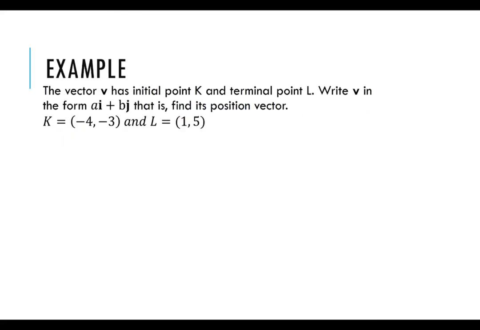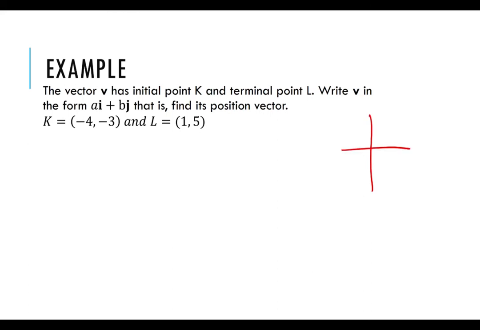Now we are told that the vector v has an initial point K and a terminal point L. We want to write the vector v in the form ai plus bj, that is, find its position vector. First off, what can we do? If you wanted to draw it, you are more than welcome to.